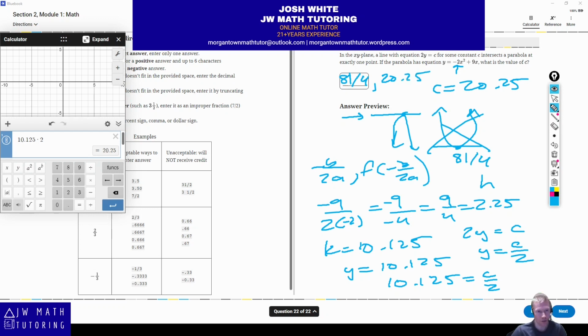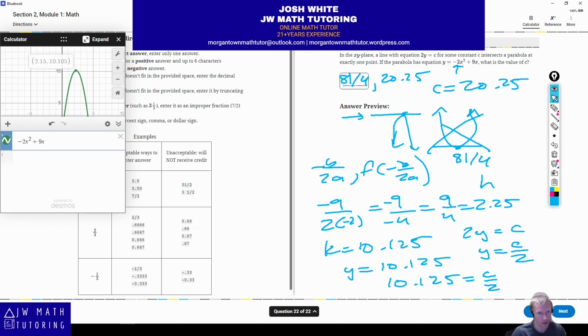Now, just to show you, steps like this that could have been done on the calculator include graphing out the parabola and getting its vertex values that way. So here I graph it out. Okay, I go all the way to the top here. I notice it's getting bigger, bigger, bigger, and okay, here's the top, and then it gets smaller, smaller, smaller.